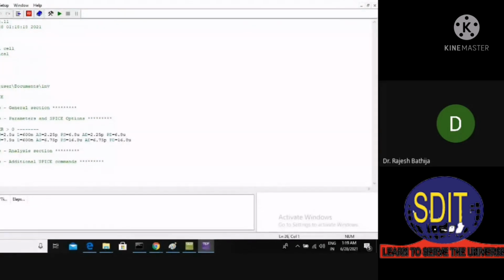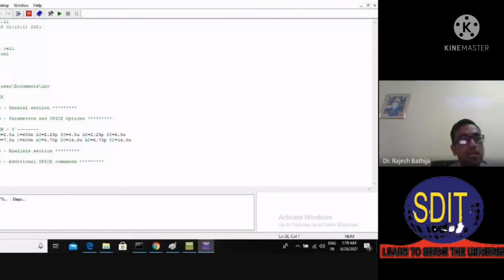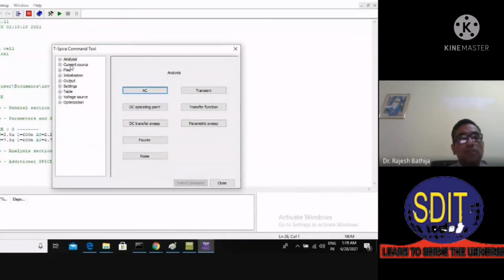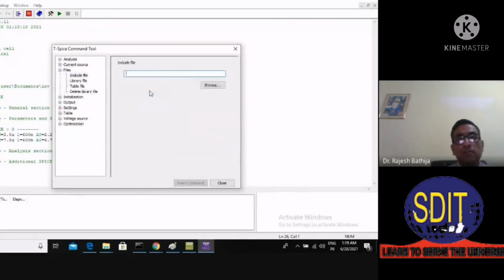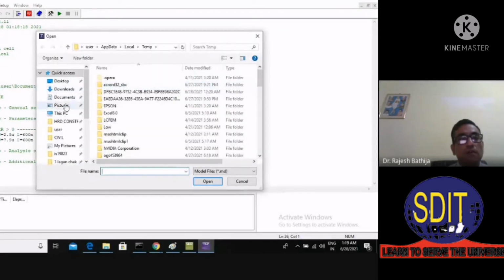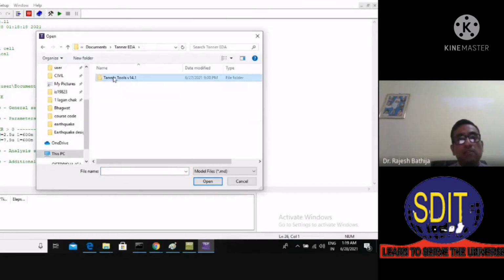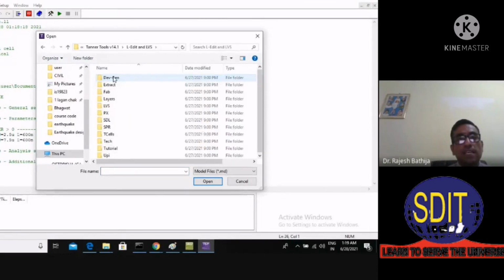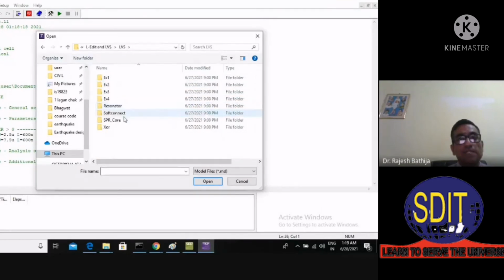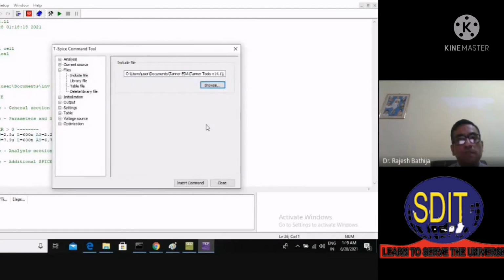Now, here minimum 5 commands you have to write to execute this T-Spice, right? First is the technology file. So we have to go to insert here command, and then we have to use the file, include, then browse my document, Tenor EDA, Tenor tools, then LEdit and LBS, then SPR underscore core, then HPQ, right?